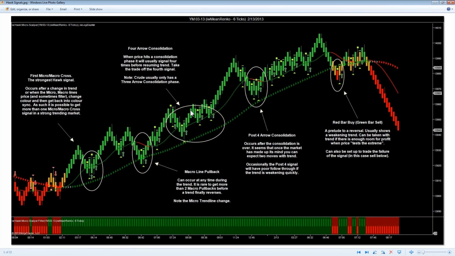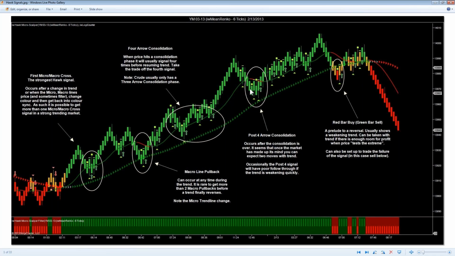This signal is so strong, it's the only signal I will take on a yellow bar with the hawk. Once the hawk starts printing yellow bars, it shows too much neutrality. The market is losing its bias, and so I tend to avoid it unless it's making a 4-arrow consolidation.